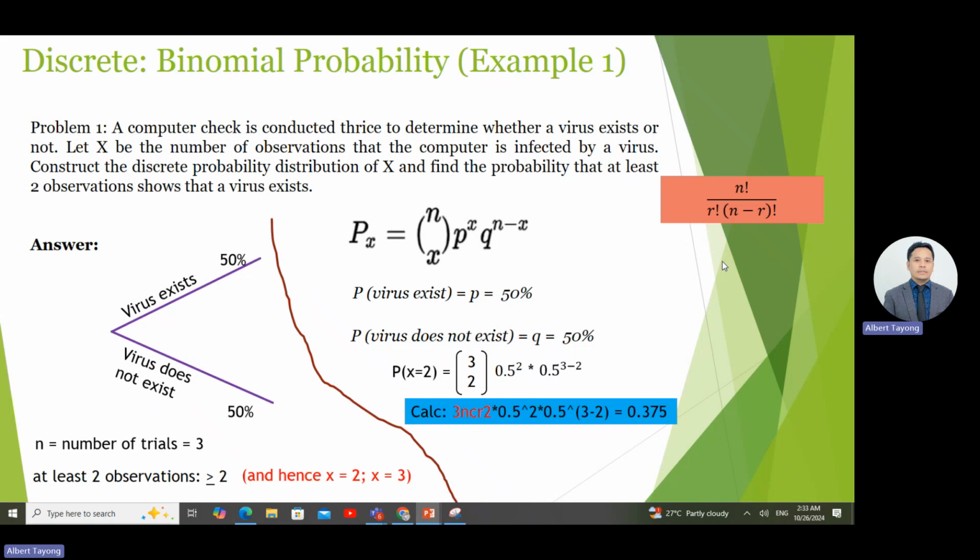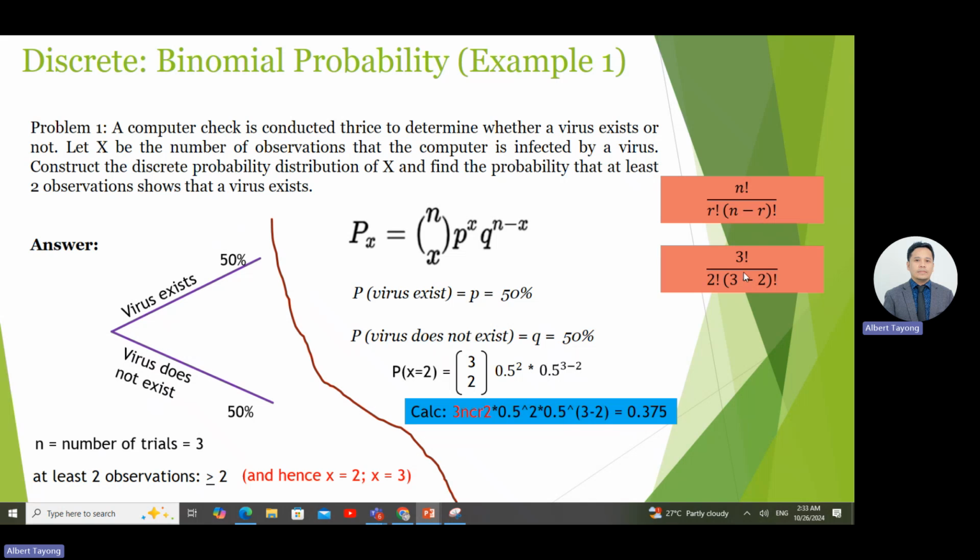Now, without a calculator, for 3 choose 2, we can also calculate this manually using the formula. The formula for a combination is n factorial over r factorial times the quantity of n minus r factorial. Our r here is basically our x, okay? So our n is 3. So you have 3 factorial over 2 factorial, that is our x. Okay, open and close.